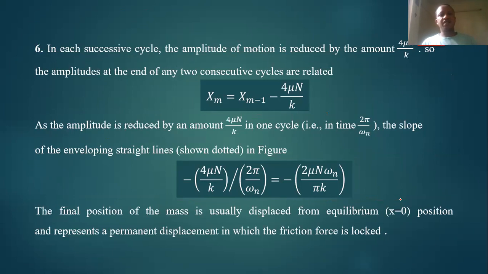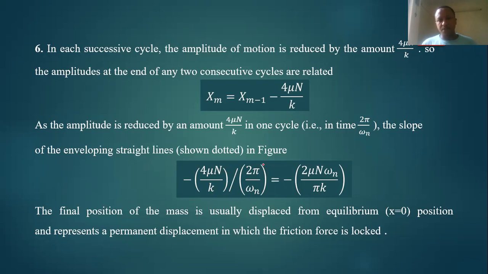The amplitudes at the end of any two consecutive cycles are represented with this equation. As the amplitude is reduced by an amount 4 mu N over k in one cycle, in terms of 2 pi over omega n, the slope of the envelope, the straight dotted line in the figure, that means the inclined line which touches all the peaks, is represented by 4 mu N over k, the whole over 2 pi over omega n.